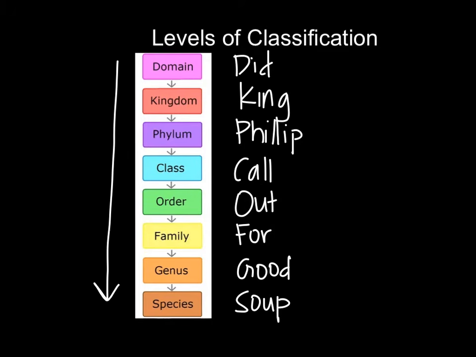So it would be a great idea to pause this video, write down the levels of classification, and this little phrase to remember each one, because as you can see, the letter corresponds with the level of classification. You can always think of King Philip up on the roof calling out for good soup to his servants. That'll help you remember all the different levels of classification.